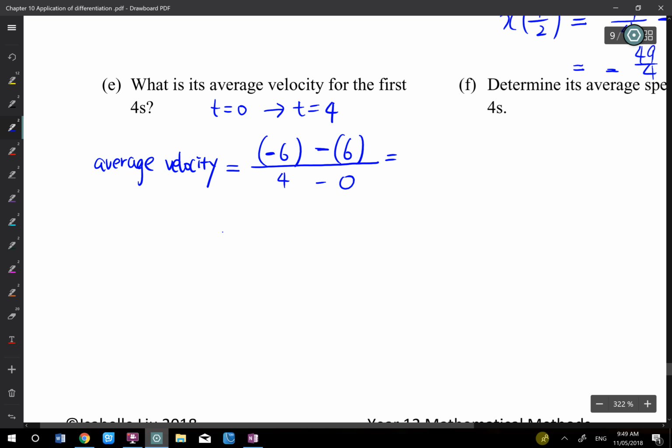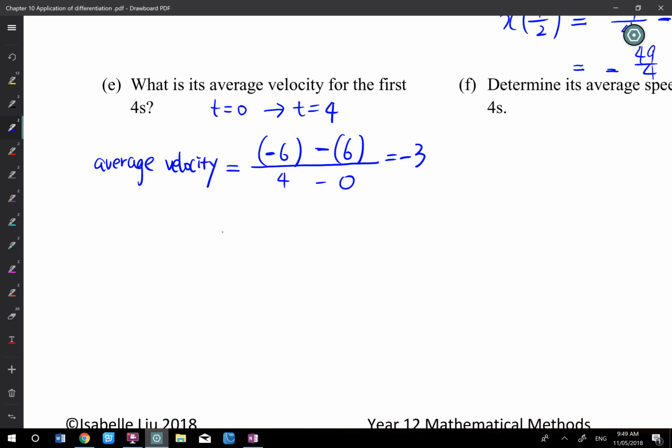That's minus 12 over 4, which gets minus 3. So the average velocity is towards the negative side, 3 centimeters per second, towards the left-hand side.